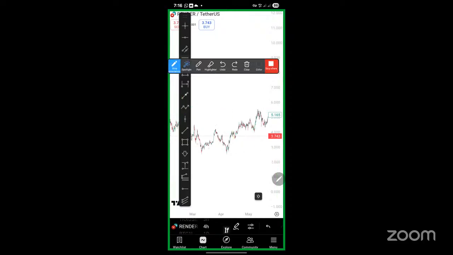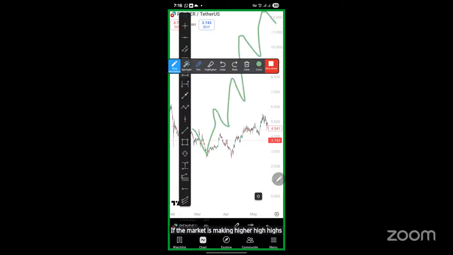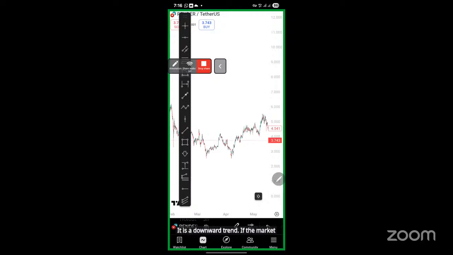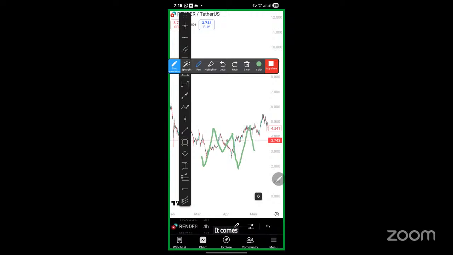So if the market is making higher highs and higher lows, that is an upward trend. If the market is making lower highs and lower lows, it is a downward trend. If the market combines the two, for example, market starts here, goes up, comes here, hits here, comes here, hits here, it goes back.